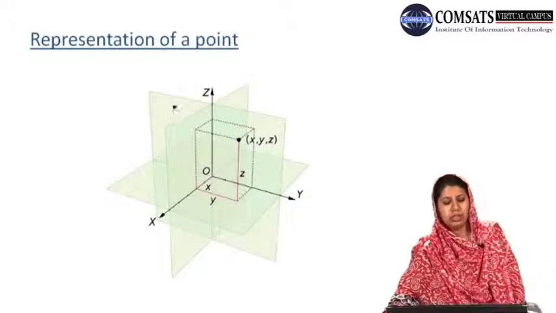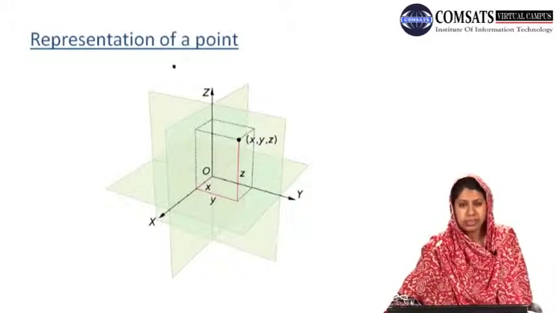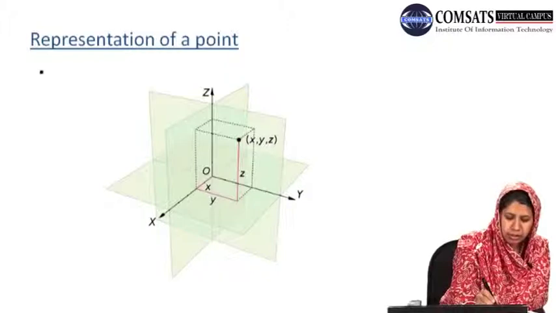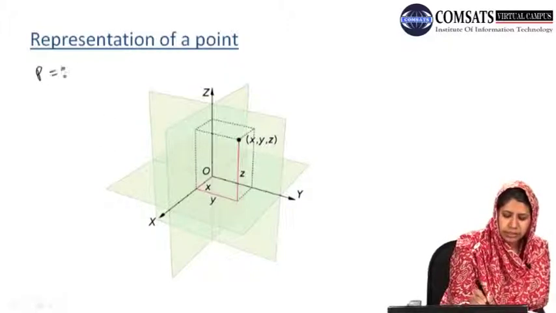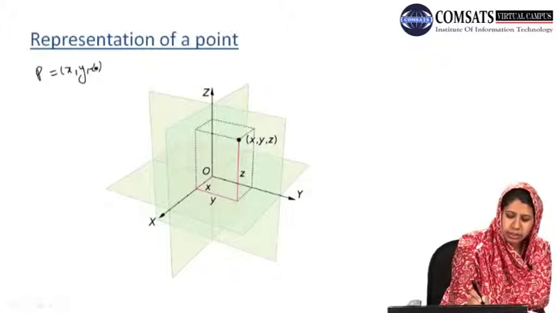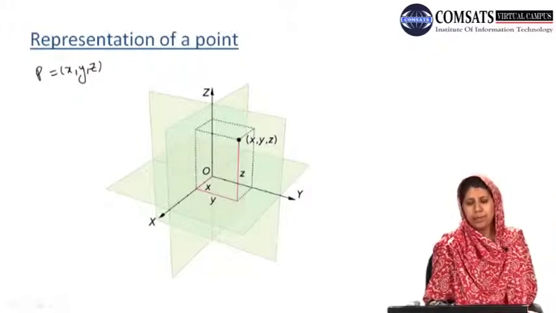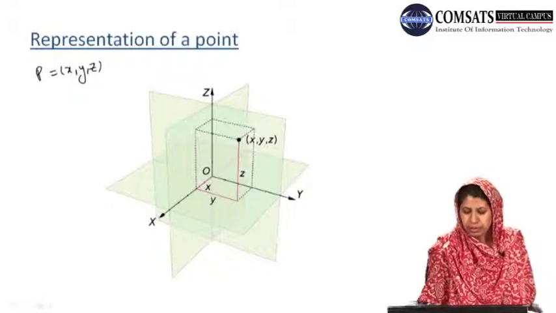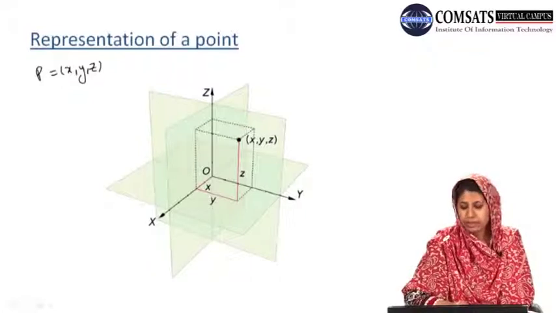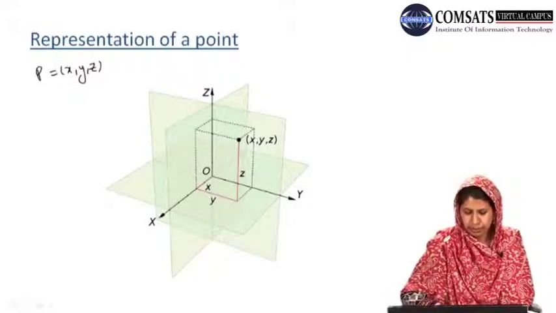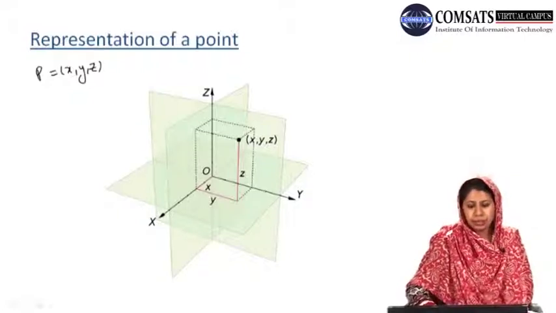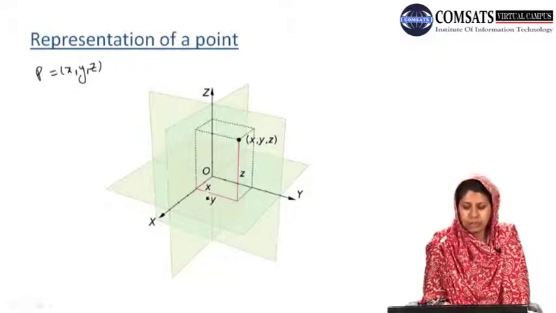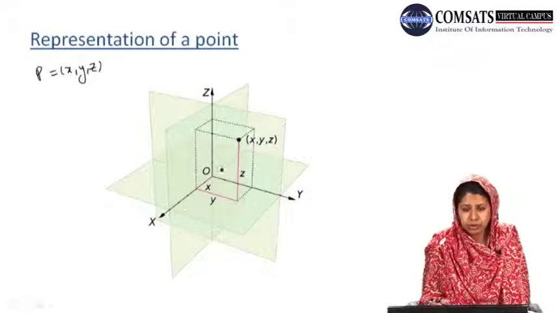Now, how can we represent a point, let's say having coordinates x, y and z? If we have a point P having coordinates x, y and z in three dimensions, how can we represent this point P in our three-dimensional coordinate system? Simply, we have one axis x, second y and third z. First we see the value of x, say here, positive units, the distance from the origin.